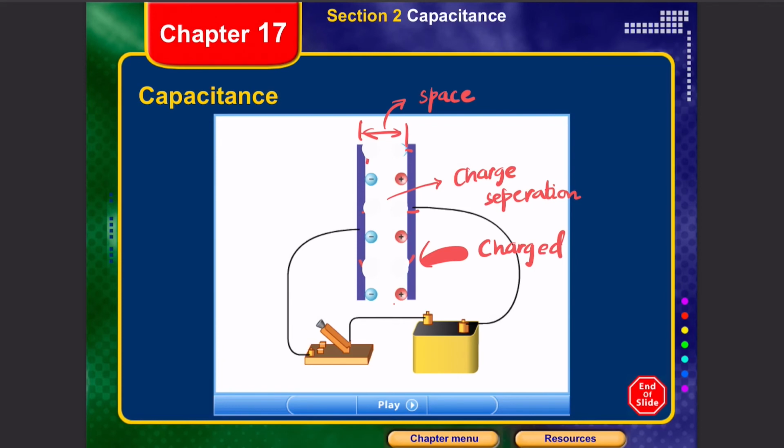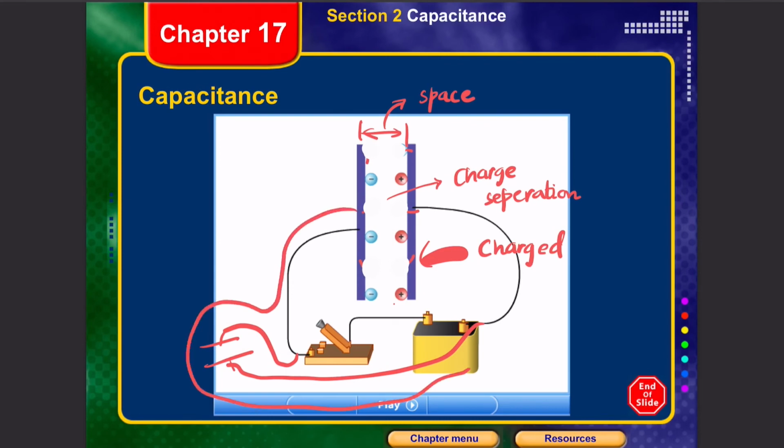So what we do now is we can use this charge and connect it to another device, for example a load. Once it is connected to the load, it will complete a closed circuit where the negative charges will flow towards the positive charges. When this movement occurs, this creates current, and the charge will flow from one plate towards the other plate.